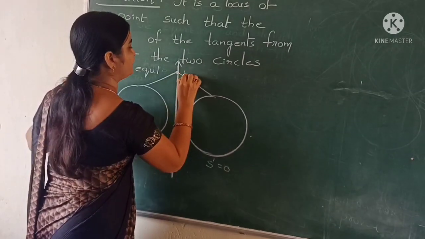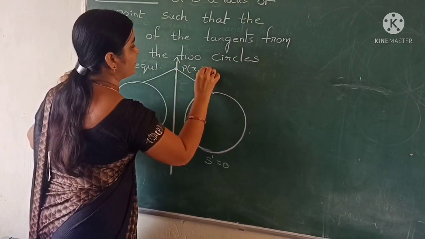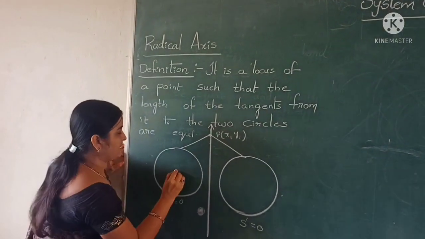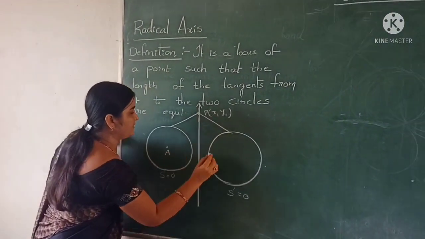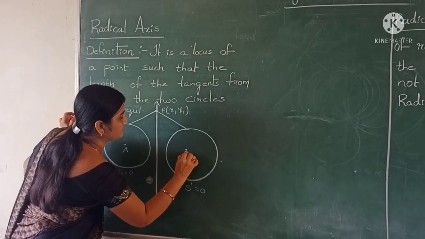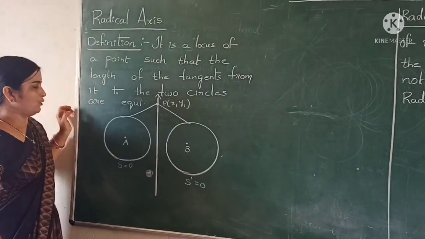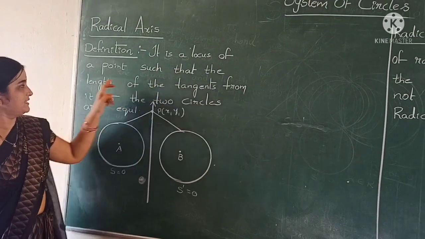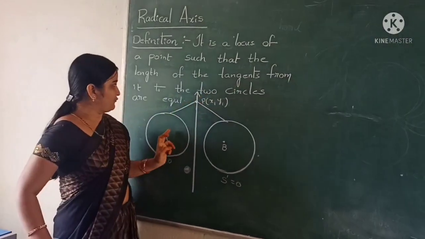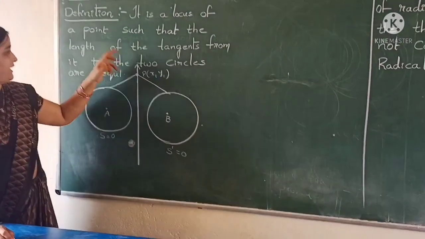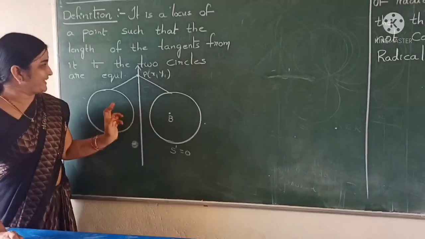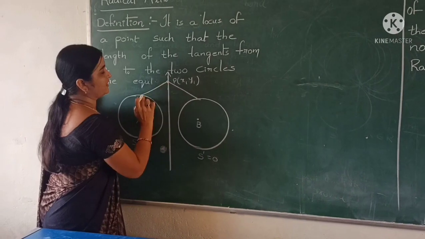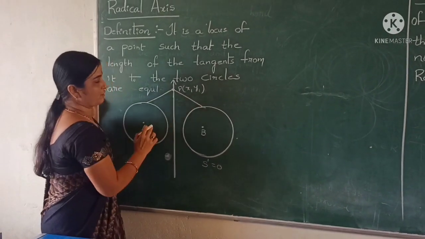P of x1 y1 is a point on the locus, this is center A, this is center B. It is a locus of a point such that the length of the tangents from it to the two circles are equal. That means these two lengths of the tangents are equal.